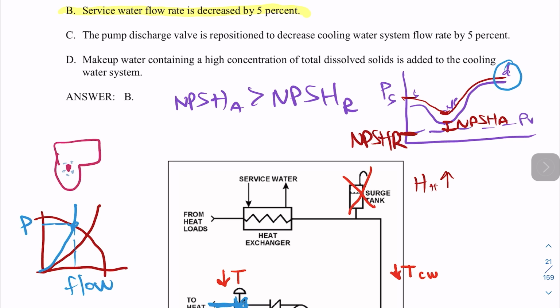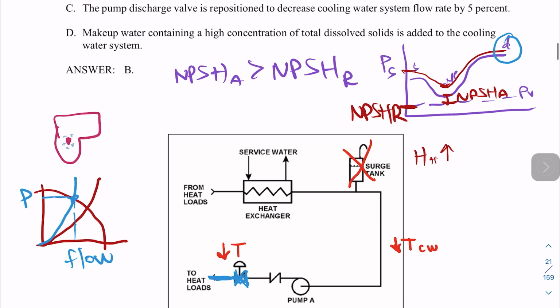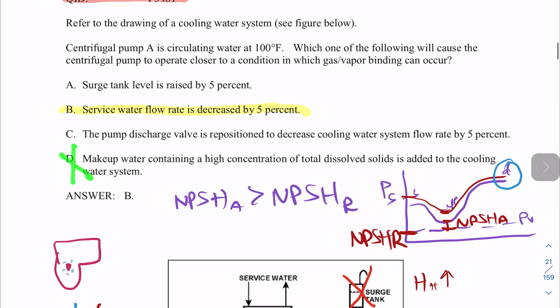The presence of that is not going to increase the vapor formation within the pump. Maybe it can decrease the temperature, but the way that I see it, this is not affecting the system. So this is also a no.